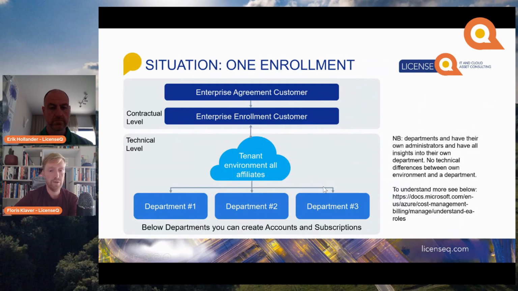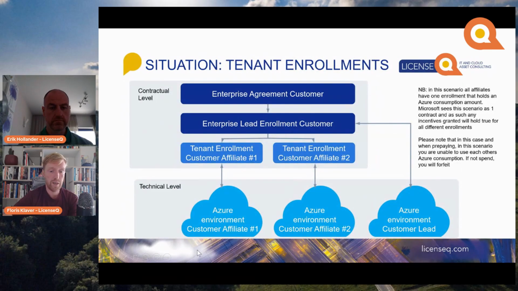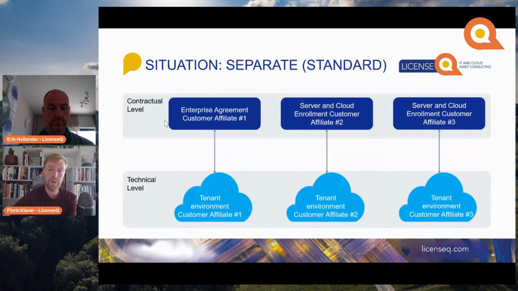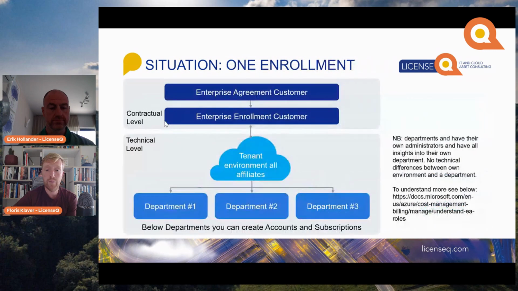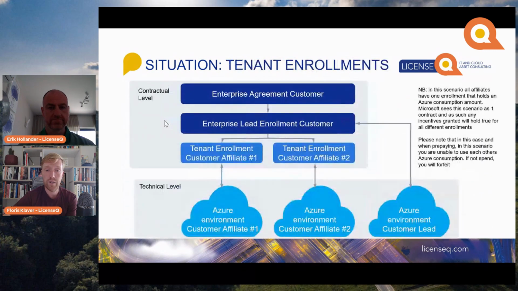You can do it that way, basically creating departments under this one or under this one or whatever to get to your desired result. I just think this is very interesting because it will give you an idea of how to maximize the incentives that Microsoft might be willing to grant you based on a certain commitment that you're giving them on the Azure platform. Your incentives will be less in this view, and you might get more out of it in this or in this situation.